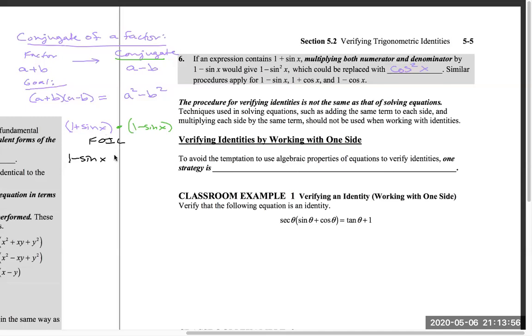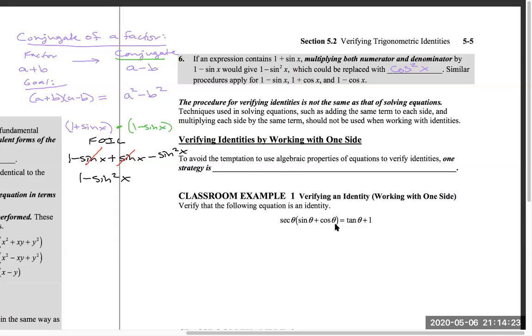Sine x times 1, that's plus sine x. And then you have sine x times negative sine x, that's negative sine squared x. So the middle terms cancel, and we're left with 1 minus sine squared x.